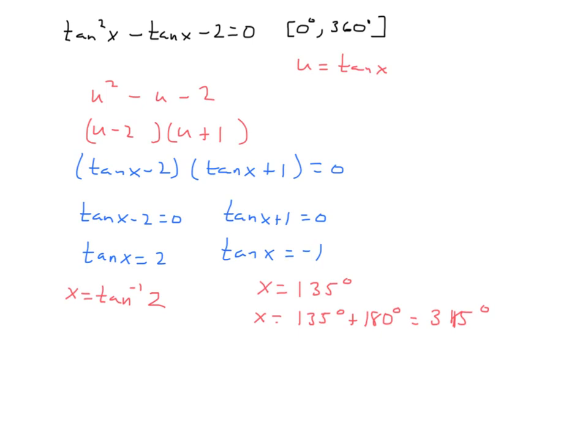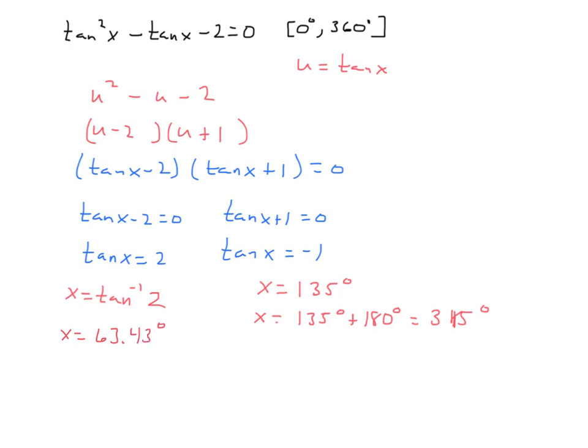I do the inverse tangent of 2 and find that x is equal to 63.4349 and so on degrees. The book is going to tell you to round to 2 decimal places, so that's 63.43 degrees.